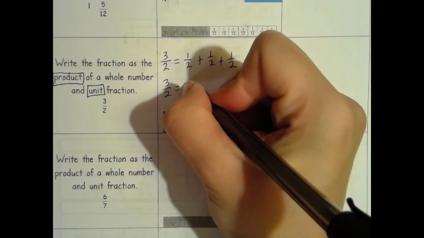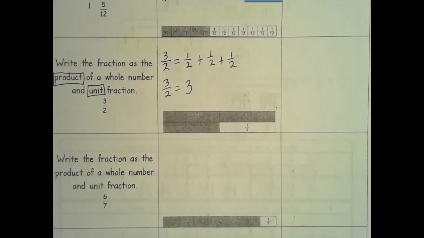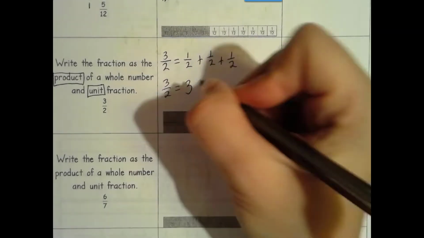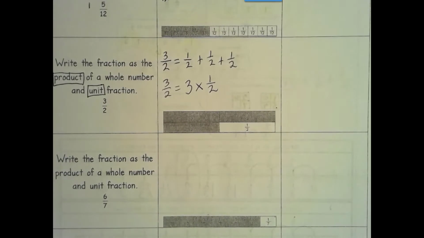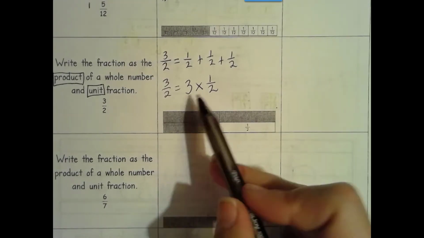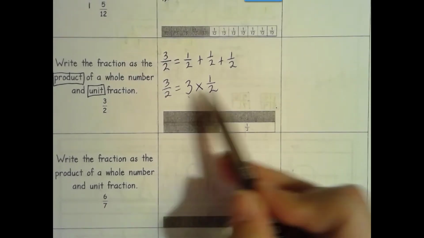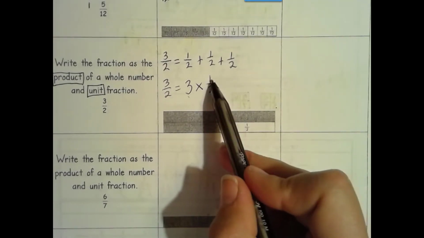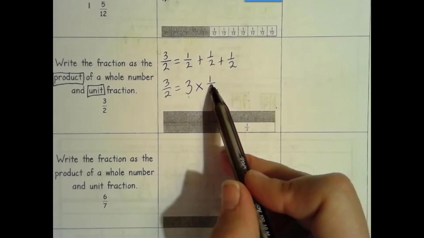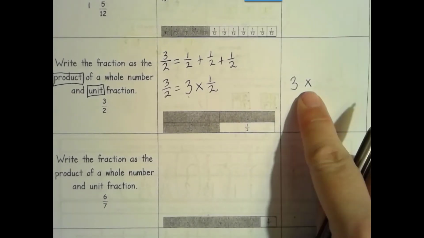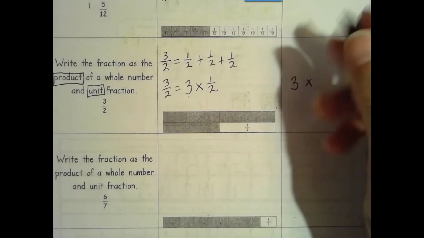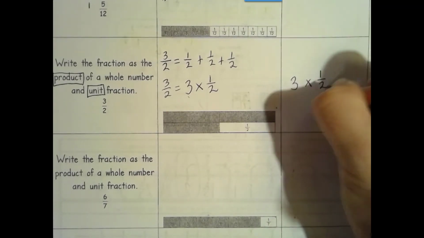So I can say it's repeated addition. I have 3 groups of 1/2. So a product of a whole number, 3, and a unit fraction, because with units I'm only representing one of the pieces, 1/2. So, product, so multiplication, of a whole number and a unit fraction.